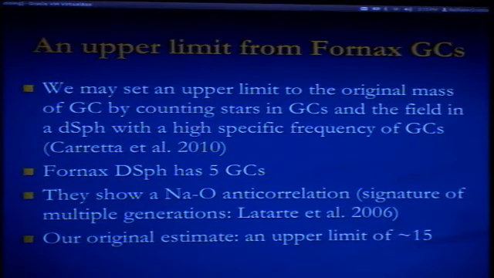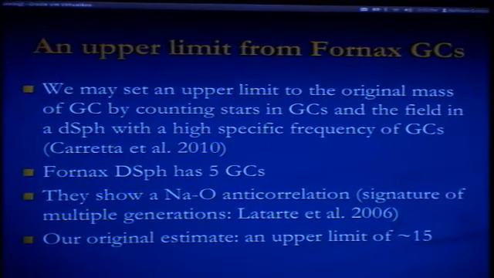A typical elliptical galaxy has a specific frequency, that is a ratio between the globular clusters and the luminosity, which is similar to the halo of our own galaxy. Okay? But in the case of the dwarf spheroidals, this ratio is much higher. There are 5 globular clusters in spite of it being a very small galaxy.